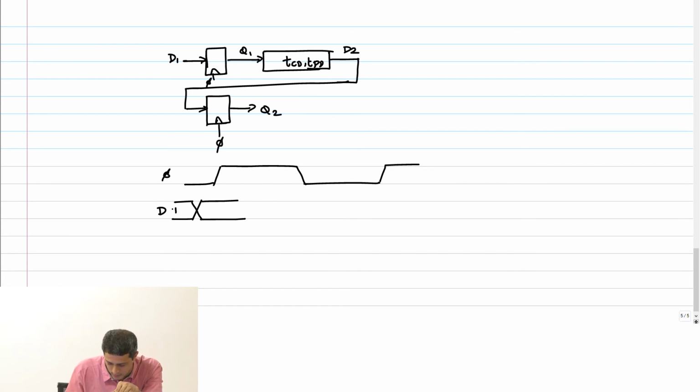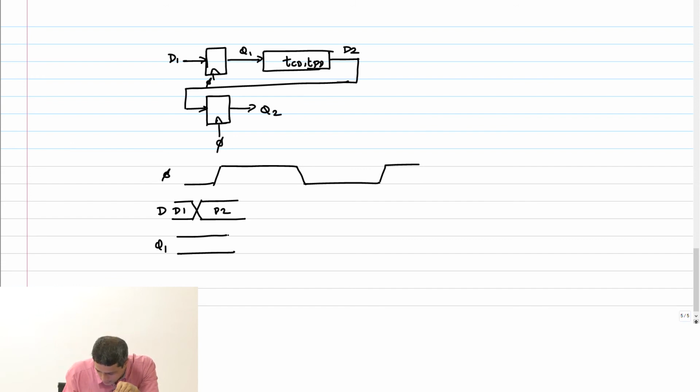Okay? This is D1, this is D2. Right? Q1 changes, starts changing at T_CCQ, right?